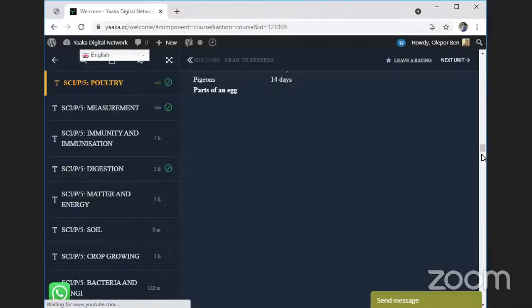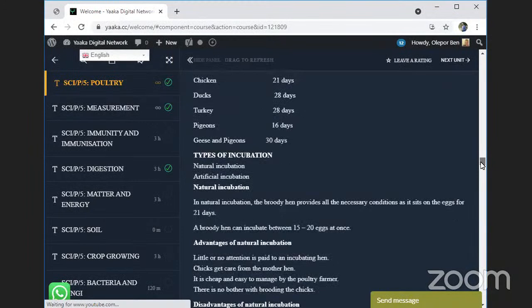And here we are seeing that incubation is the time taken by an egg to hatch into chicks. We also need to look at the diagram of an egg so that we can see the specific part that develops into a chick, only that this is not really loading so fast. It's because of my poor internet.